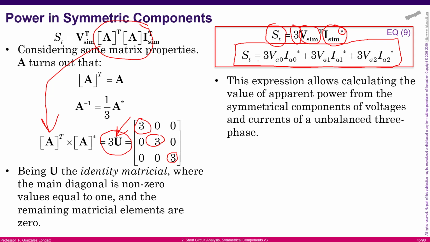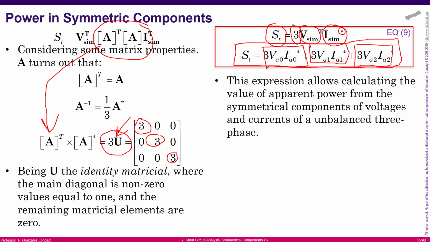That is beautiful. What I'm trying to say is this is 3 times the power dissipated at zero sequence. This is 3 times the power dissipated at positive sequence, and this one is at negative sequence. This is a very important property, okay?